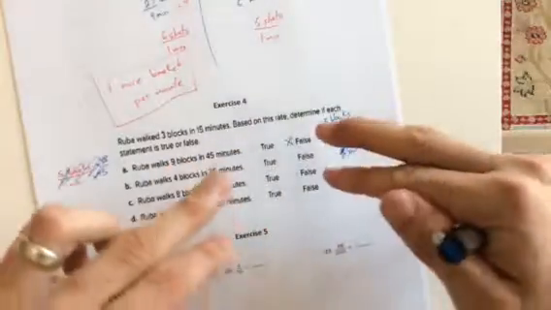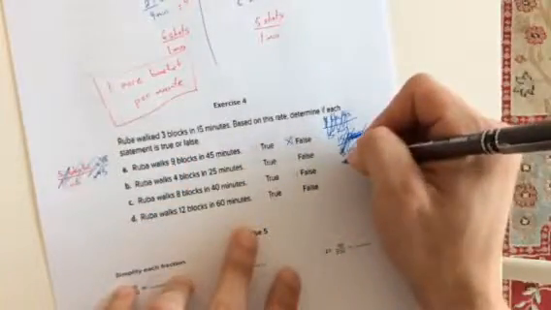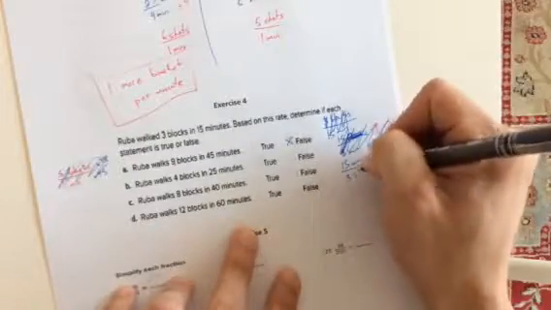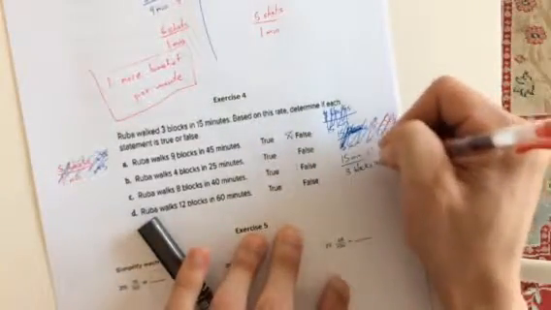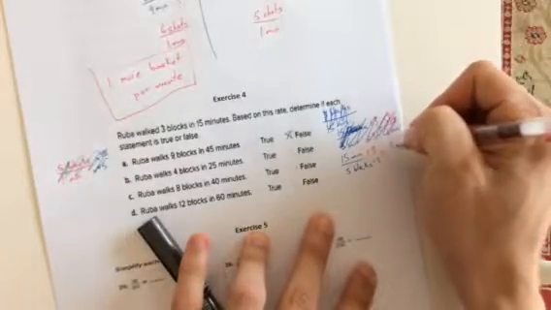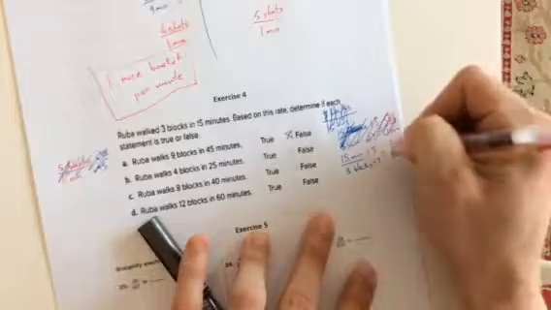Or we can even switch that. Let's say 15 minutes per 3 blocks. So how long does it take to walk 1 block? 15 divided by 3 is 5 minutes per 1 block.